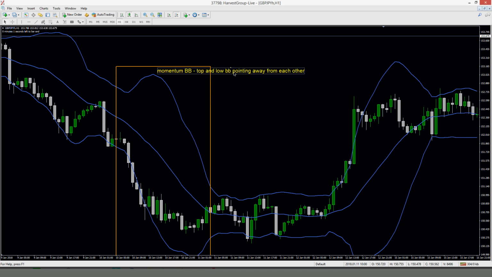To make it easier for anyone who's just learning, the definition for a momentum Bollinger Band is that top and low BB are pointing away from each other. As you can see over here, you have the low BB pointing downwards and the top BB pointing upwards.